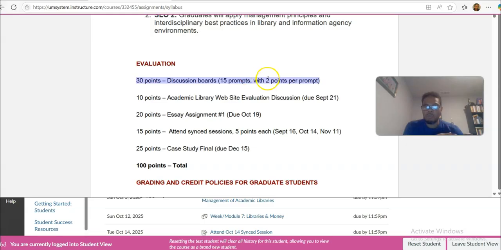So that should be two things that you're posting per prompt for 15 prompts, and that will equal 30 points, if that makes sense. Now, if you engage more, if you do extra responses to classmates, and you'll see a little note about this in the prompts, then that can lead to you getting extra credit.